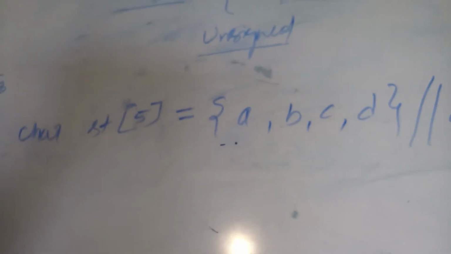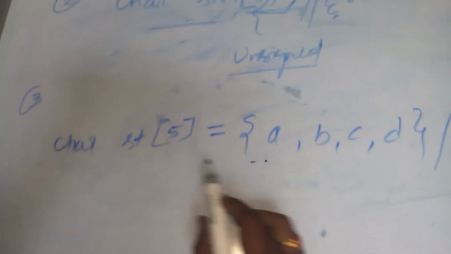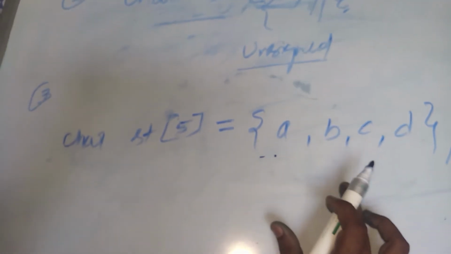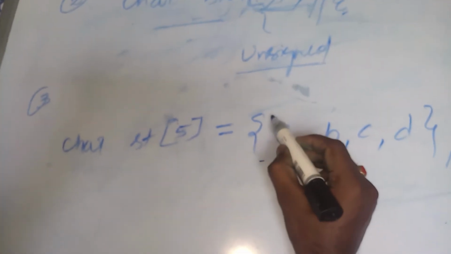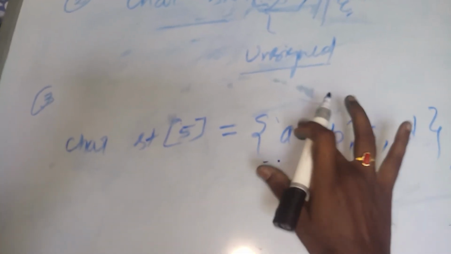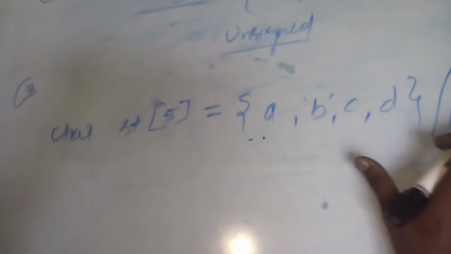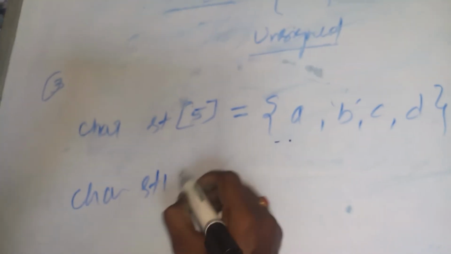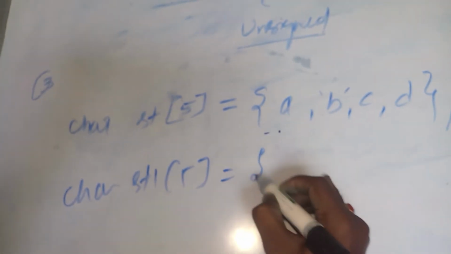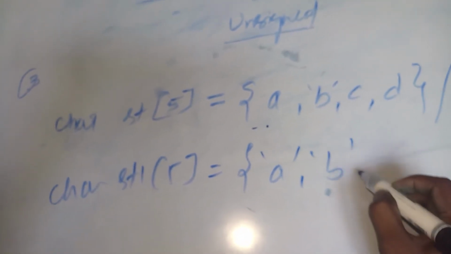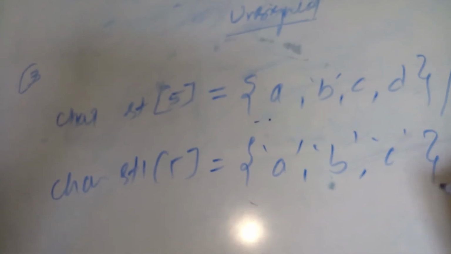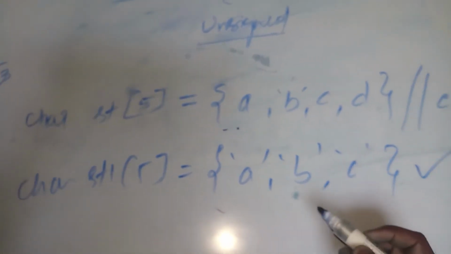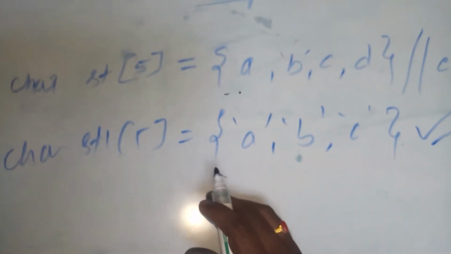Why? This is a character array representation, but I have not given single quotation marks, so it is an error. This is an invalid representation. If I give char st1 of 5 is equal to 'A', 'B', 'C' within single quotation marks, is this valid or not? Valid. No error.